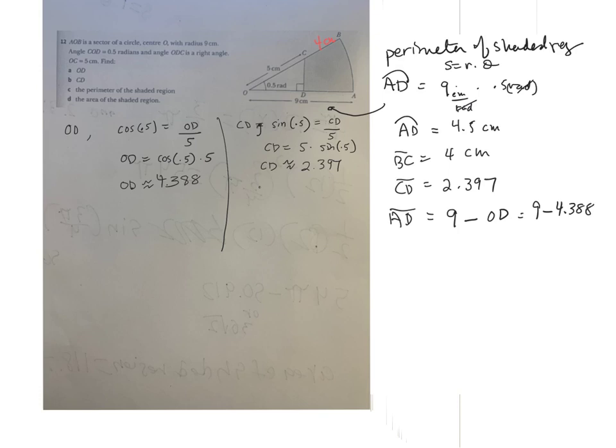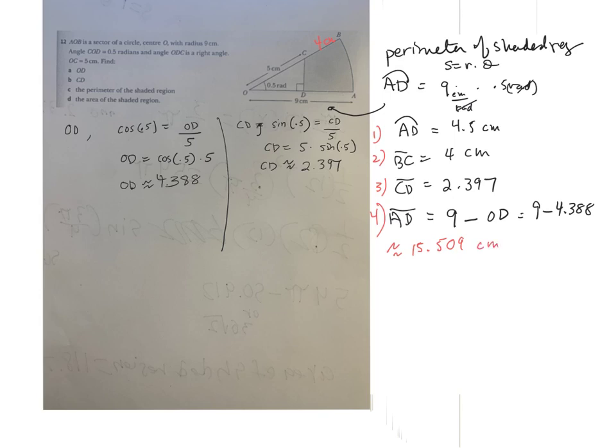And then the perimeter is just going to be adding all these things together. So 1, we're going to add that, 2, 3, and 4. And if you add all those things together, you are going to get a final answer of 15.509. So try that with your student, adding those 4 things together, and you should get 15.509 centimeters.